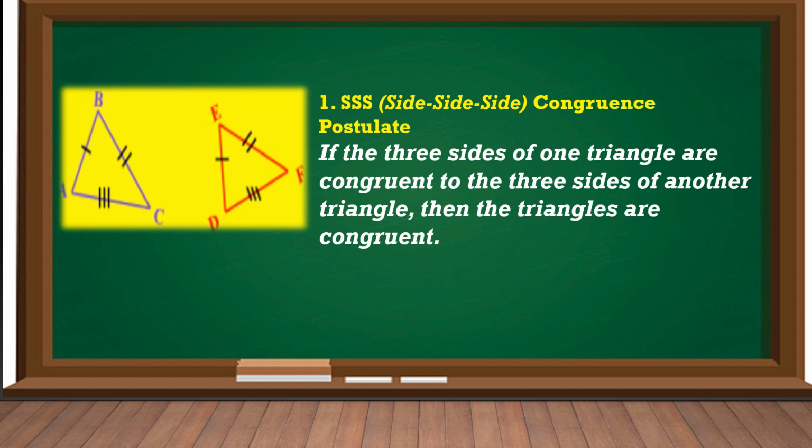Therefore, the 3 sides of the given triangles are congruent. We can now say that the 2 triangles, triangle ABC and triangle DEF, are congruent triangles. That is according to SSS, or side-side-side congruence postulate.